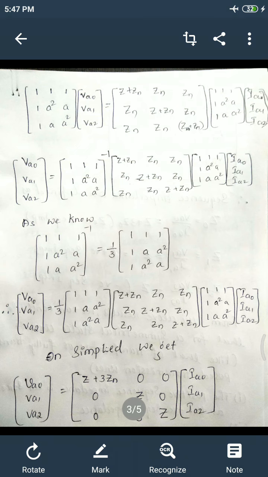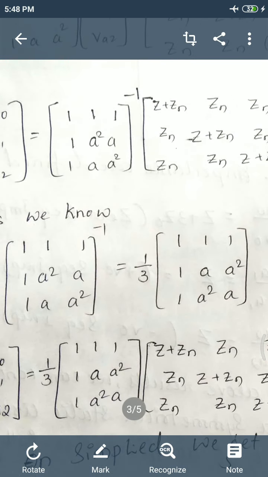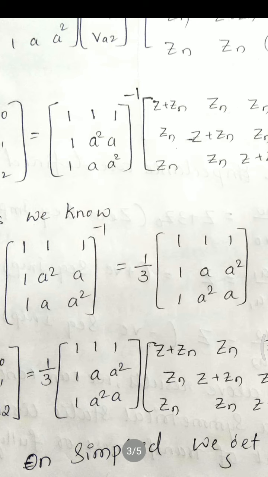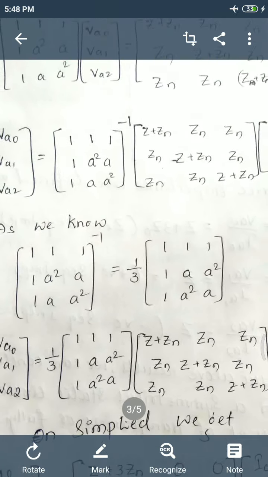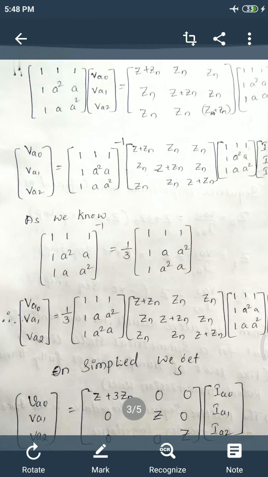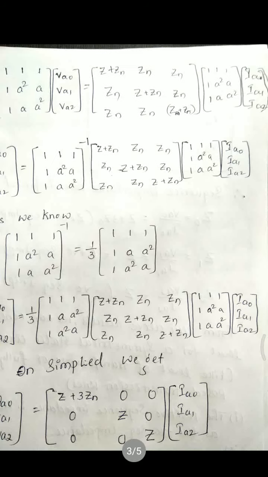We have already done this previously: to find the inverse of this particular matrix, the inverse will be 1 by 3 times the matrix 1 1 1, 1 a a square, 1 a square a. Just substitute this inverse in place of that matrix. Therefore, VA0, VA1, VA2 will be equal to 1 by 3 times this matrix inverse, and the further terms are as they are.